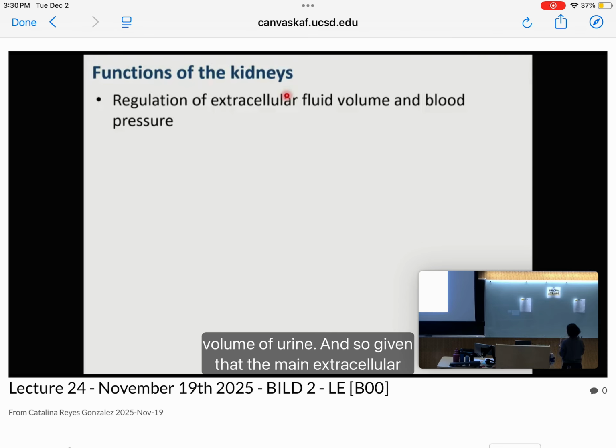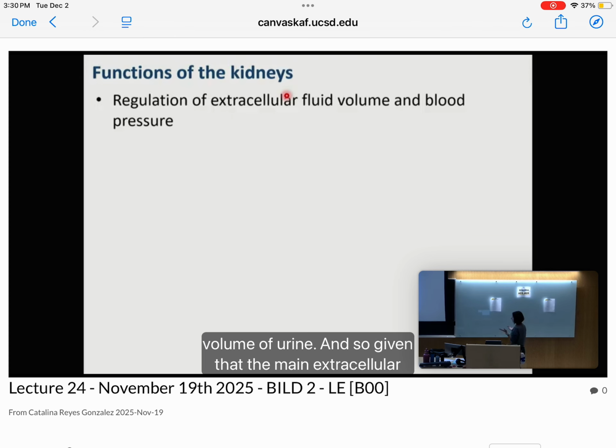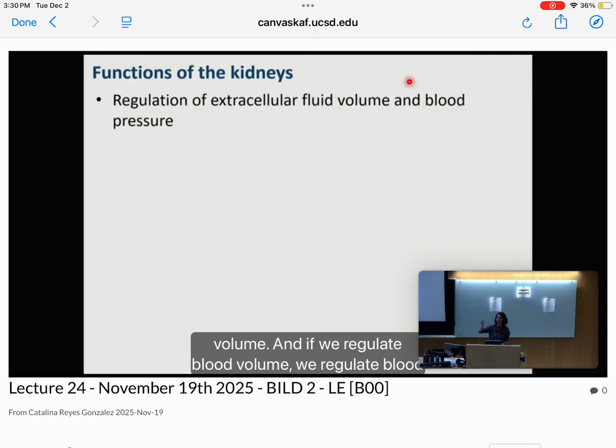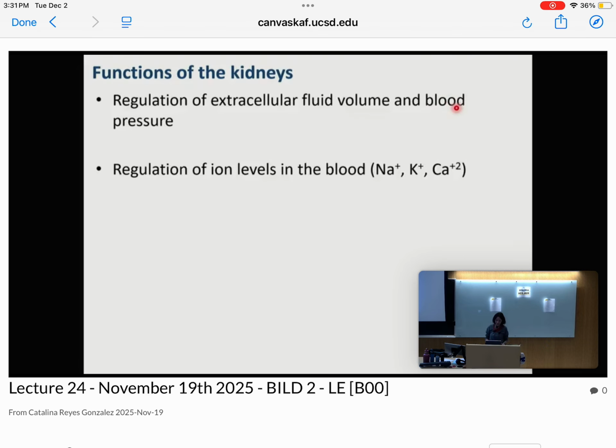Given that the main extracellular compartment is plasma, it can regulate blood volume. And if we regulate blood volume, we regulate blood pressure. Because remember, blood pressure is a hydrostatic pressure. It's the pressure that the blood exerts against the walls of the blood vessels, right? So by regulating blood volume, we regulate blood pressure.